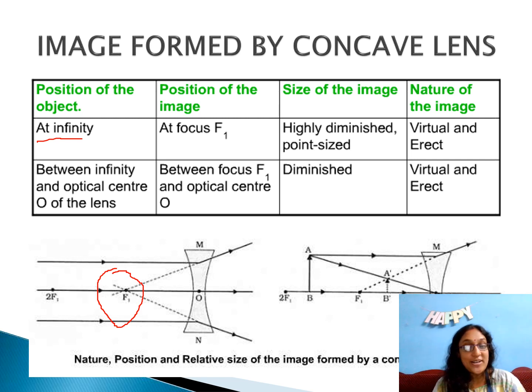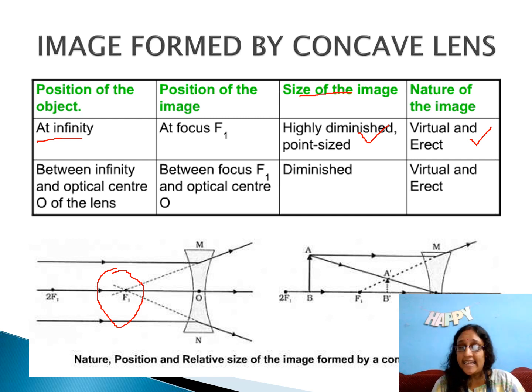But what do these dotted lines denote? The rays appear to meet there, they only act as if they meet. So what will be the size of the image? The size of the image will be highly diminished and point sized. And the nature of the image will be virtual and erect.